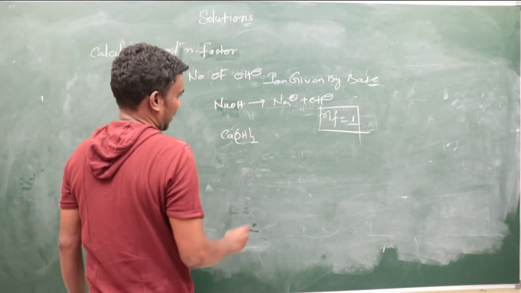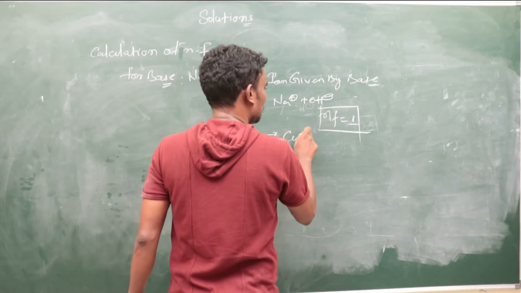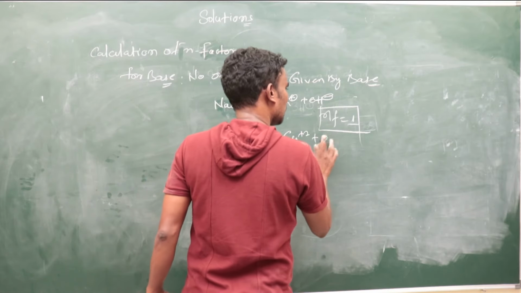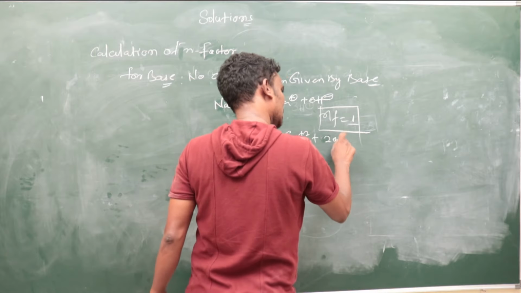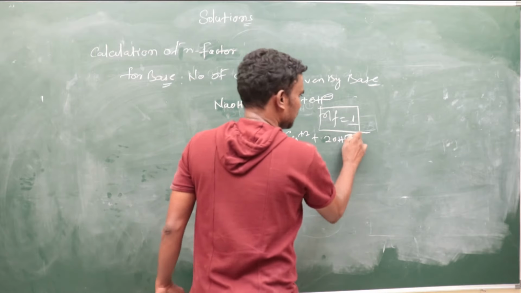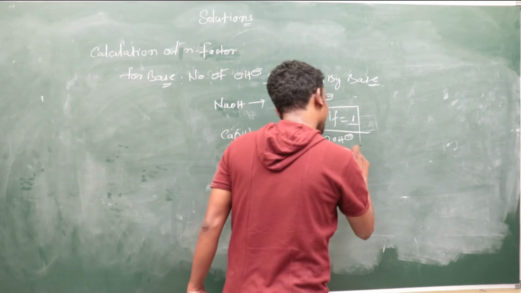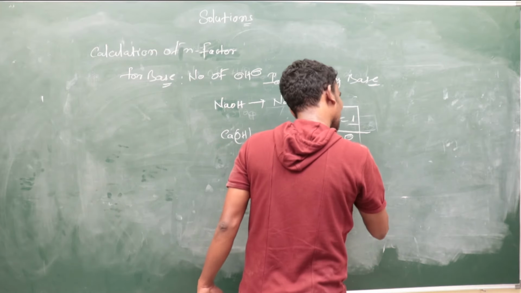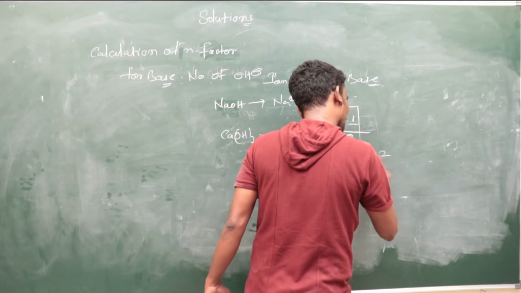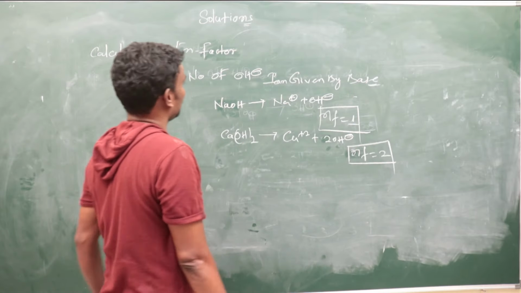Here Ca plus 2 plus 2 OH minus. 2 OH minus given means the n factor is 2.